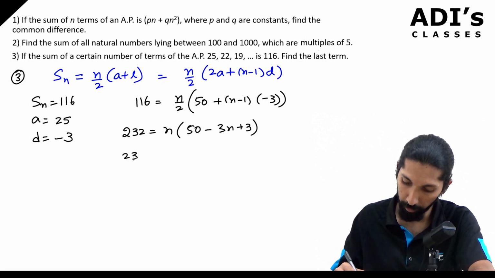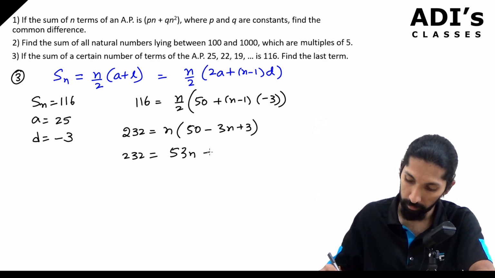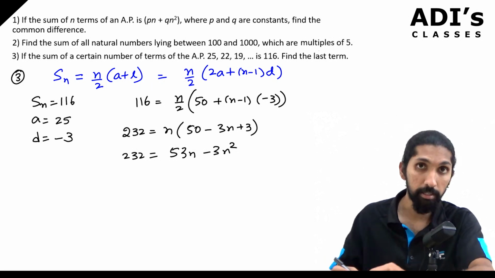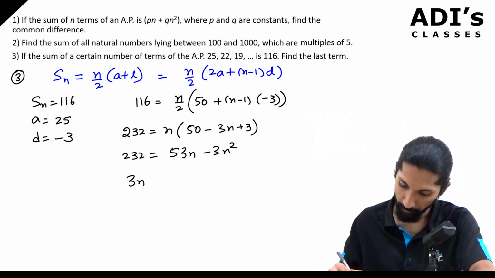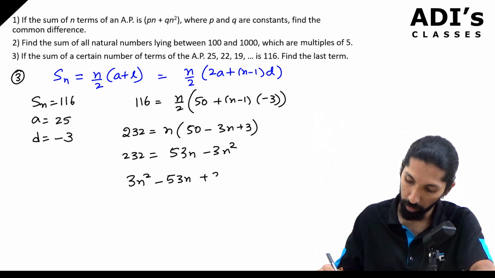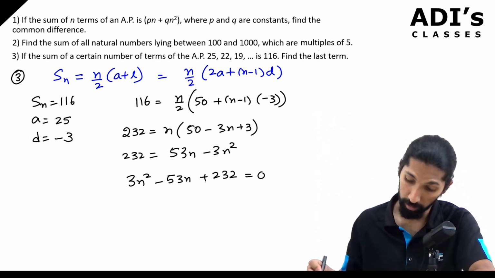So 232, 53n, you can directly write 53n minus 3n square. Take it to the left hand side. So you have 3n square minus 53n plus 232 is equal to 0. Correct? So this is what we have.